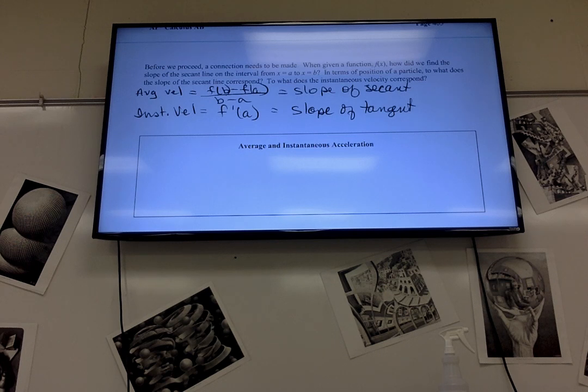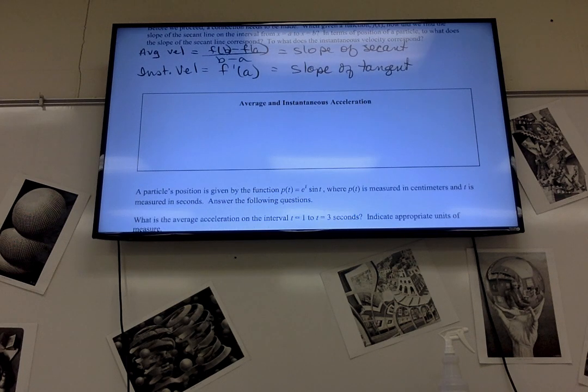All right, average and instantaneous acceleration. So acceleration. If P of t is position and P prime of t is velocity, then average acceleration, since it's average, is still going to be a slope.